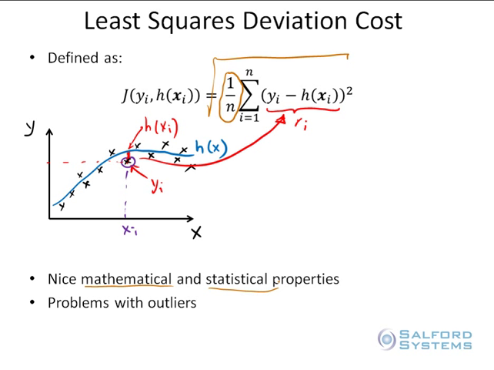The next little section is more like a detour into, for some of you, an obscure world of statistics. But for those of you who can appreciate the power of statistics, it's interesting to see how least squares deviation cost can be derived based on one of the fundamental principles in statistics, generally known as the maximum likelihood principle.